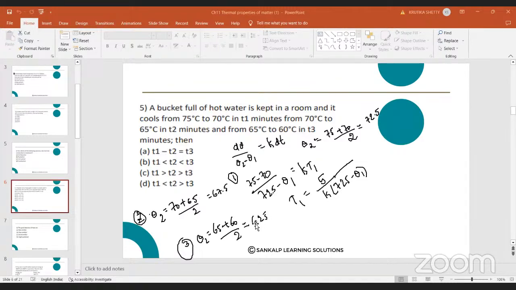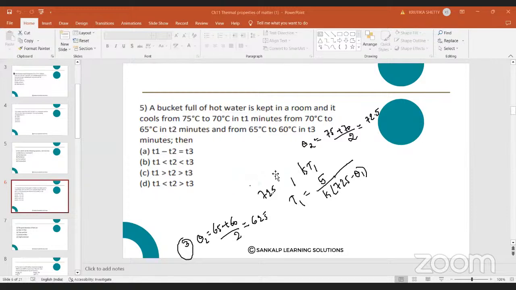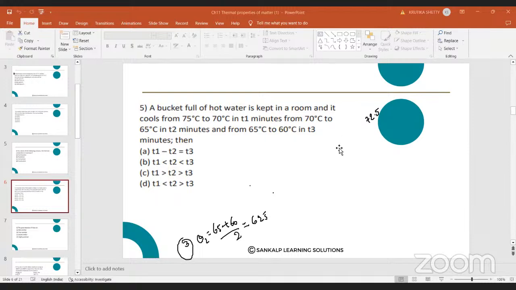Right? So keep solving in this manner. If you simplify according to case 1, then case 2 and case 3 will follow. I am writing the answer here, see how it comes. Case 1, case 2, case 3. I just told you how you are going to take the theta 2 value. Yes.